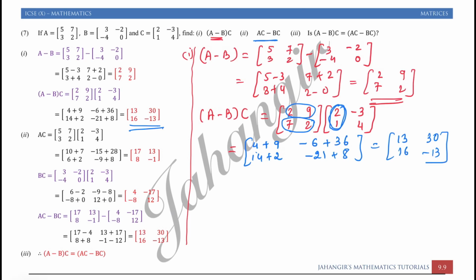Now AC minus BC, so I have to multiply AC. For that I need the whole space, so I need to erase. Pause the video, write it down.